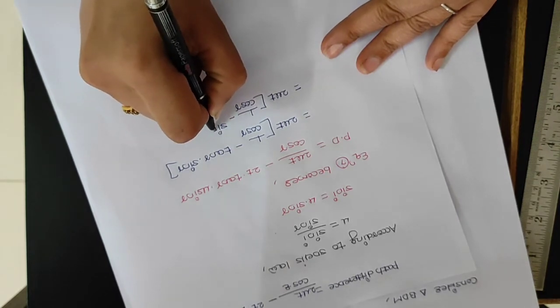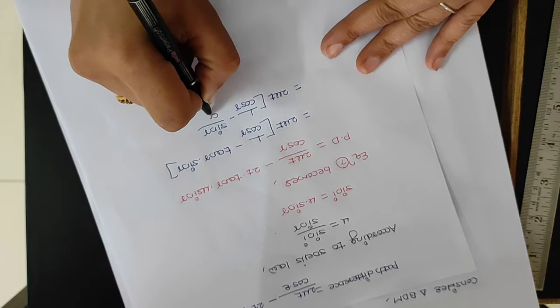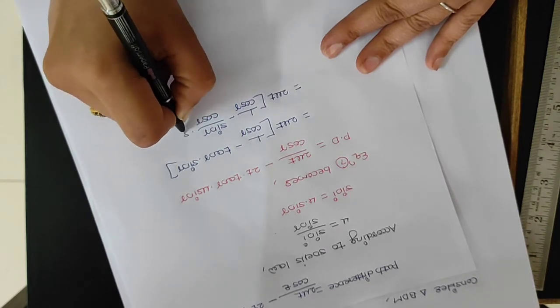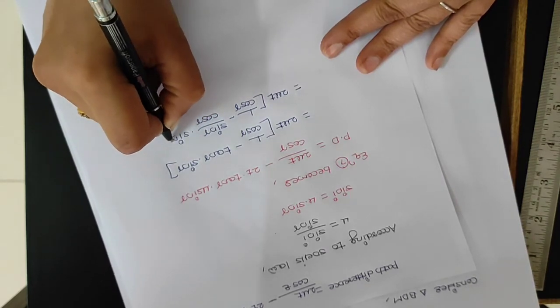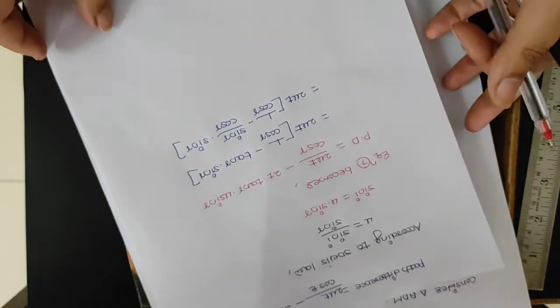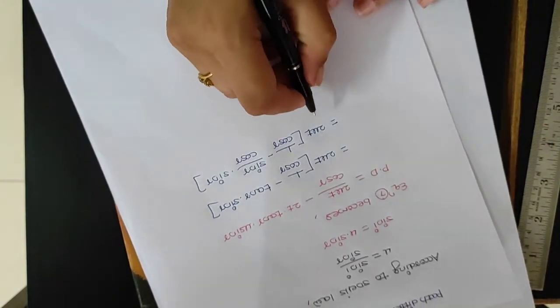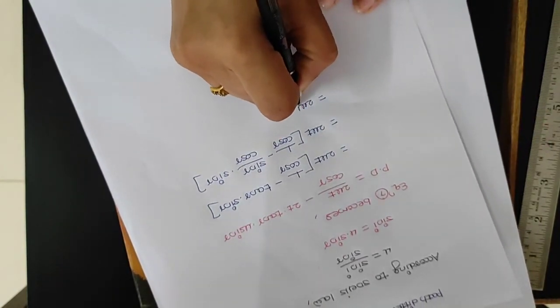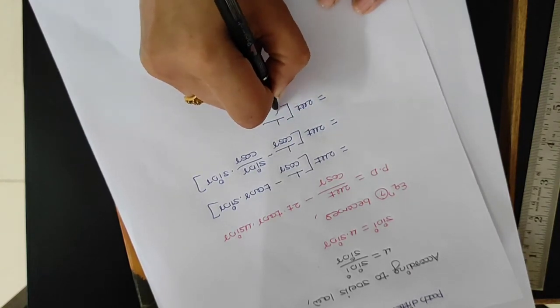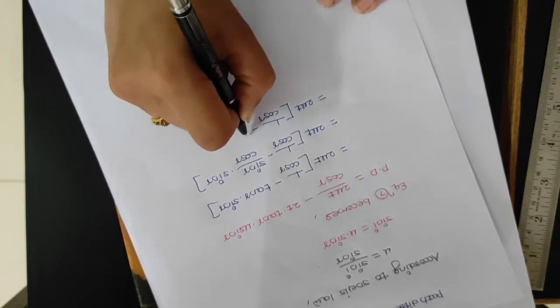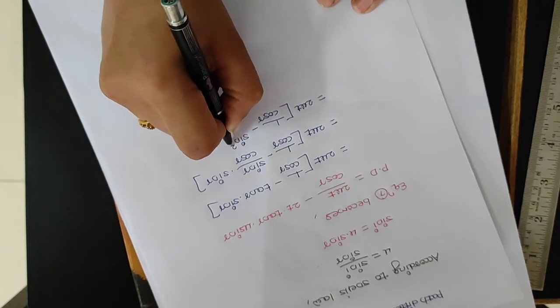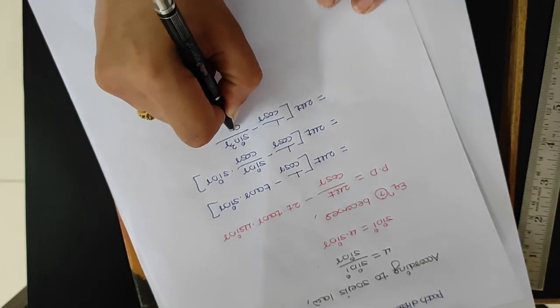So sin r divided by cos r into sin r. Now again we can write this equation like this: 2 mu t, 1 divided by cos r minus sin square r divided by cos r.